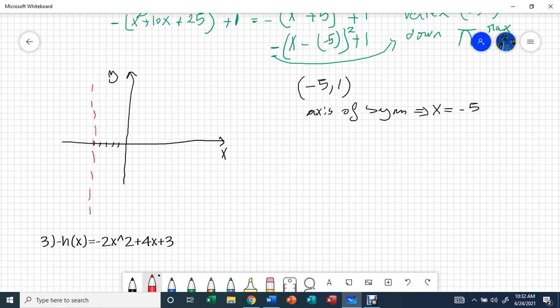And the vertex is negative 5, 1, so it's going to be somewhere in here.